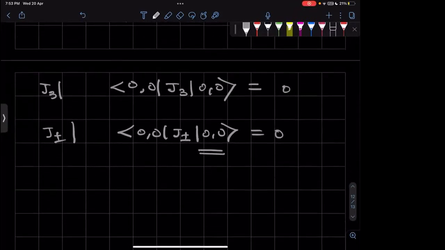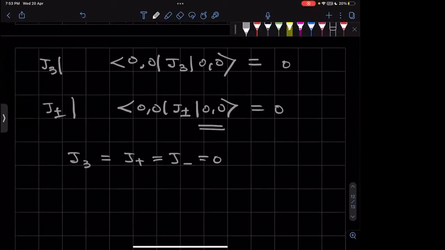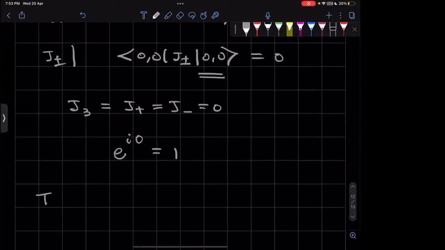So in this representation, J3, J plus, J minus are all 0. And therefore the group elements, which are given by e to the power i something 0, are all just the number 1. So this is a trivial representation, where all the elements of the group map to only the identity element.